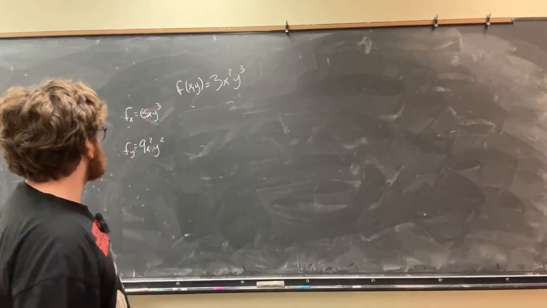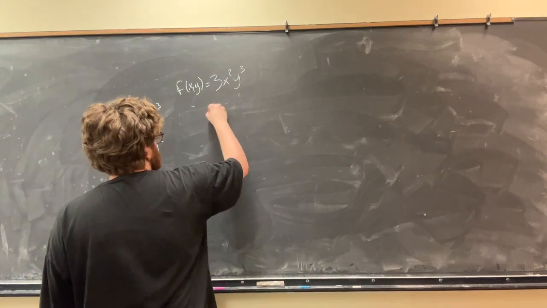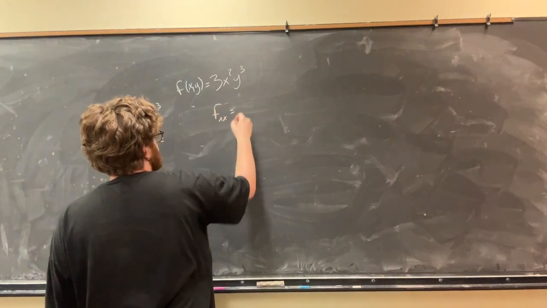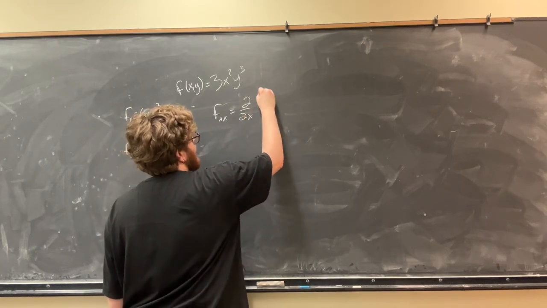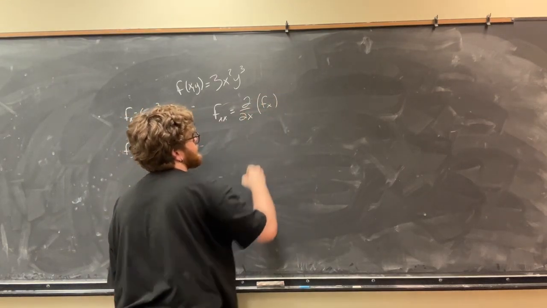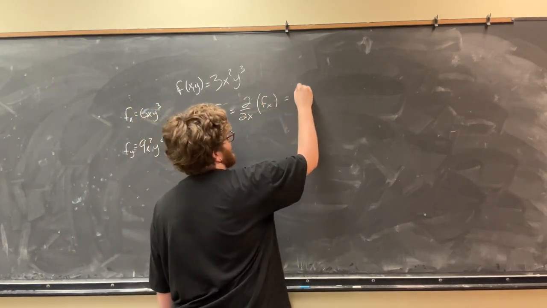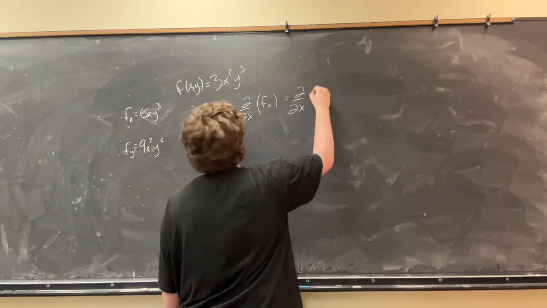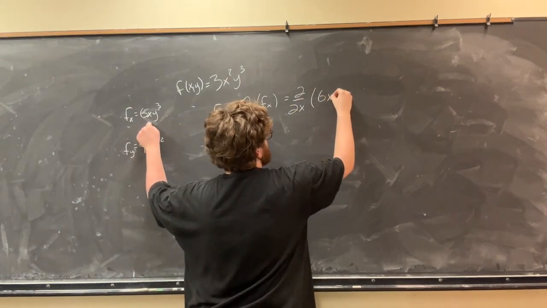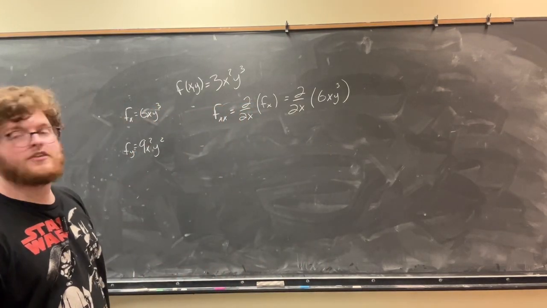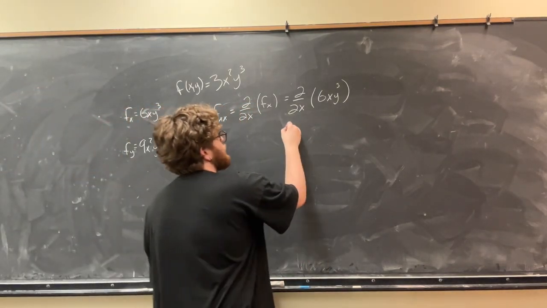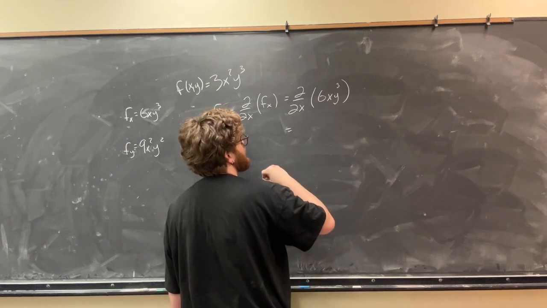Cool. So my second partial with respect to x, this is the same thing as the partial with respect to x of f sub x. So this is going to be the partial with respect to x of 6xy cubed, because our first partial was 6xy cubed. We can pull the non-x stuff out.